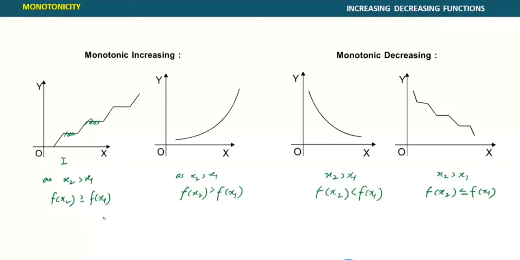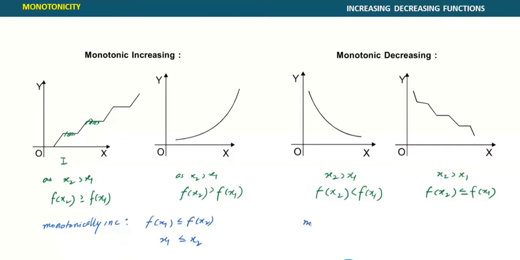If somebody asks you in a question to find the condition that it is monotonically increasing, what condition will you use if you are confused? For monotonically increasing, both these cases are your answer. So the condition is f(x1) is less than or equal to f(x2), as x1 is less than x2.